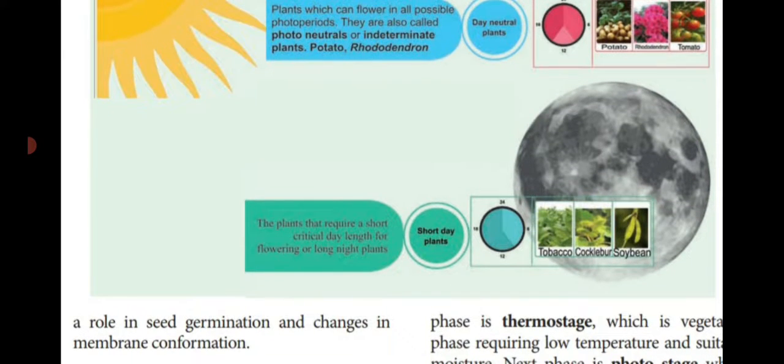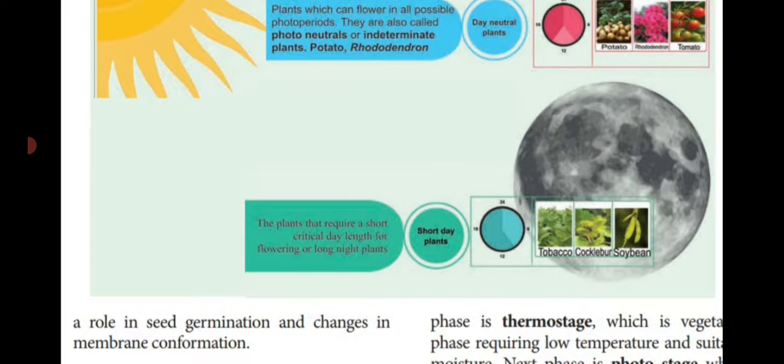Then see the third diagram. It is a short day plant. Examples: tobacco, cocklebur and soya bean. They require a short critical day length for flowering and are known as short day plants, which flower at night time.